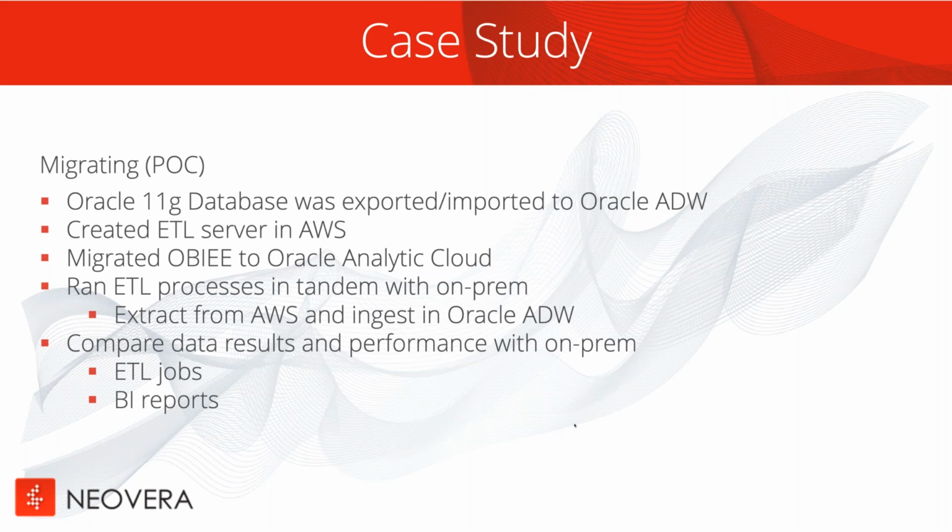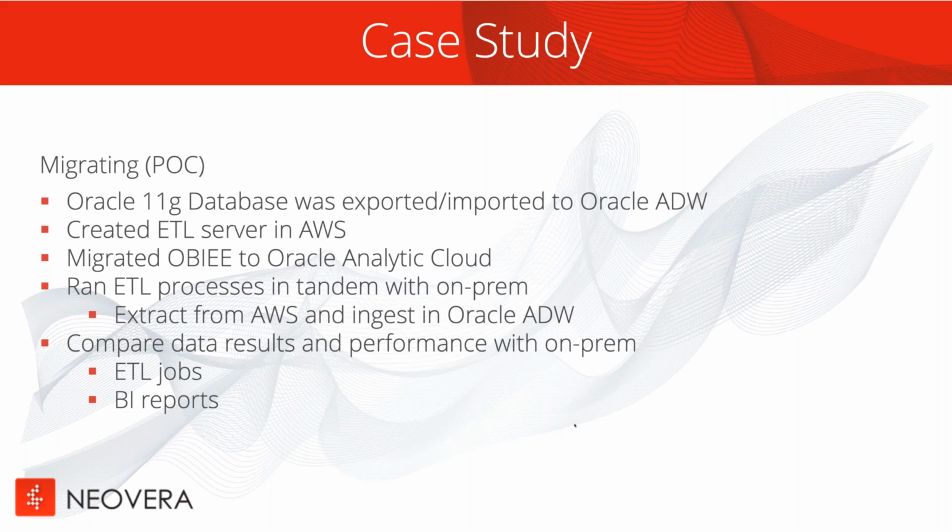We created all the ETL servers in AWS, migrated their OBIE, as I mentioned. And then we were able to run their ETL processes in tandem with on-prem. So the nature of their business was ETLs run almost every day, but for the most part, they were running big batch ETL jobs that produce things for reporting for weekly, some of it monthly or quarterly.